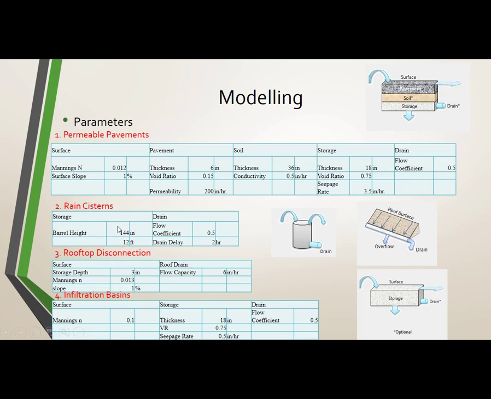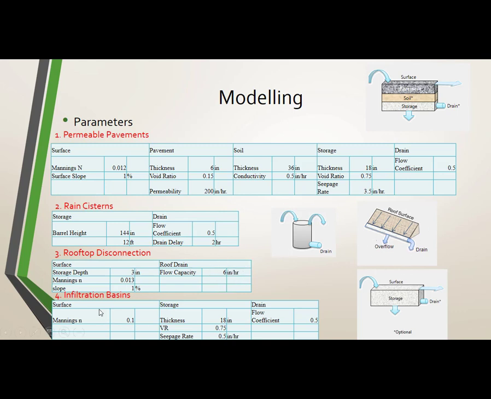For rain systems, we are assuming 12 feet high and 7 feet in diameter cylindrical cisterns. For rooftop disconnections, we assume that the storage depth is 3 inches and the Manning's constant is 0.013, which is for corrugated sheets or roof, and the flow capacity is 6 inches per hour for the drain.